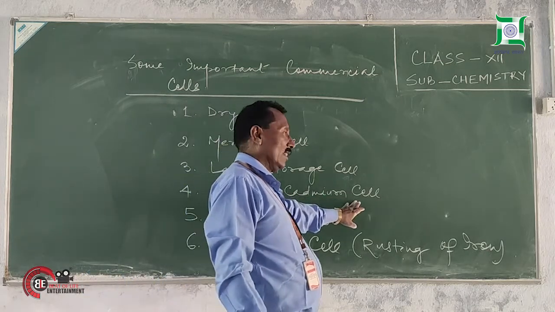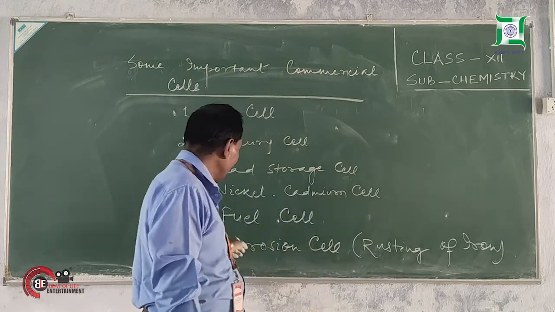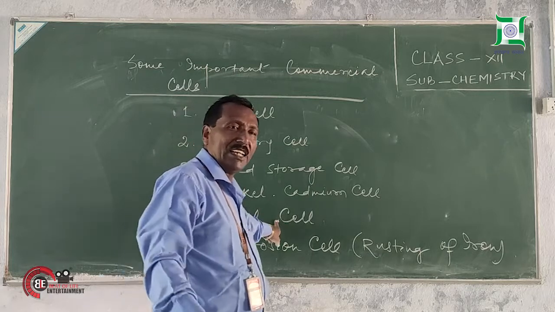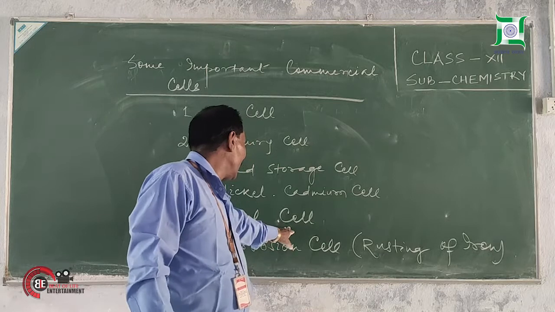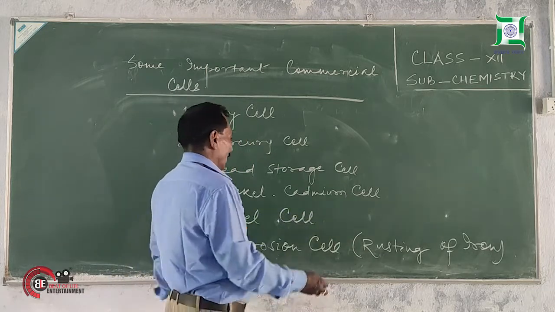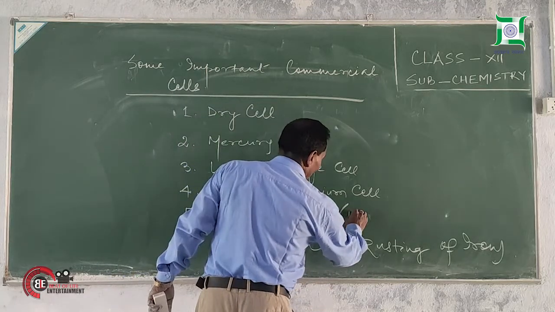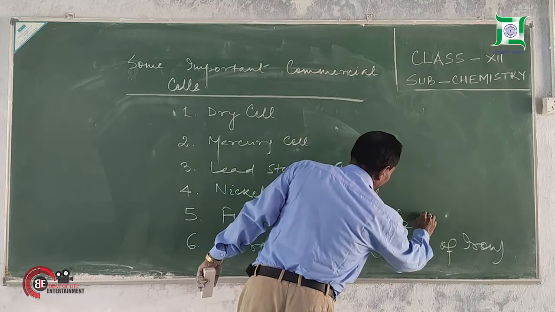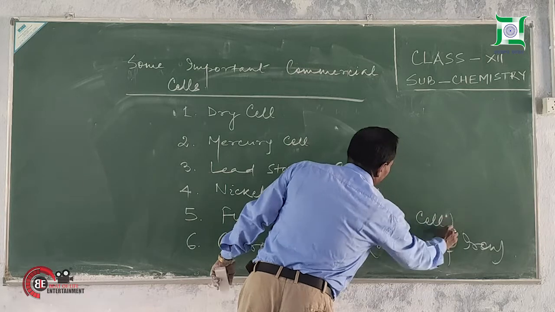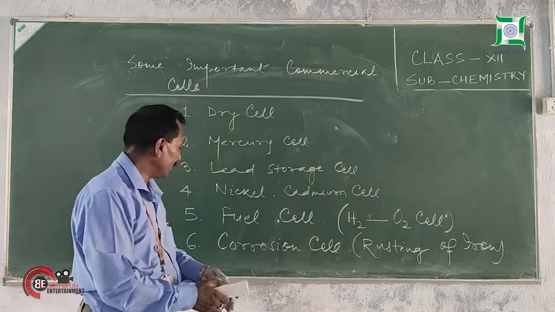Nickel cadmium cell is also a secondary cell. Fuel cell is very efficient, giving high efficiency. It is a neat and clean cell. And in fuel cell, the most important cell is the hydrogen oxygen cell, that we will discuss.